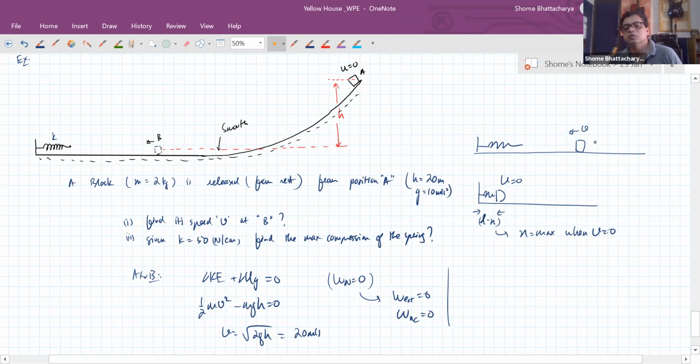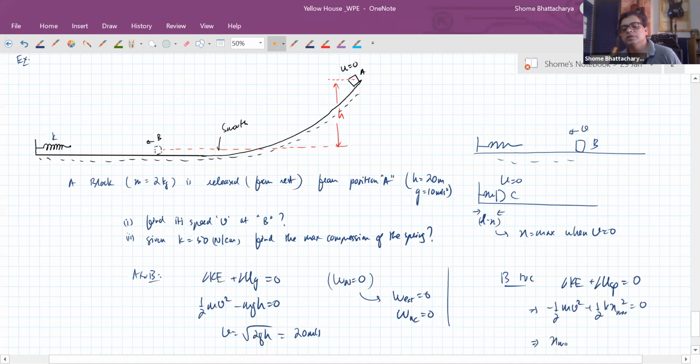So let's say this is B and this is position C. So B to C, we can say that the change in kinetic energy plus the change in elastic potential energy of the spring is zero, because again it's a frictionless surface. So minus half mv square plus half k x maximum square is equal to zero.